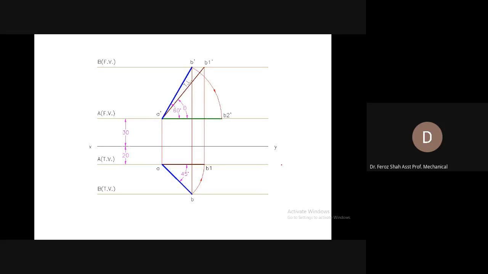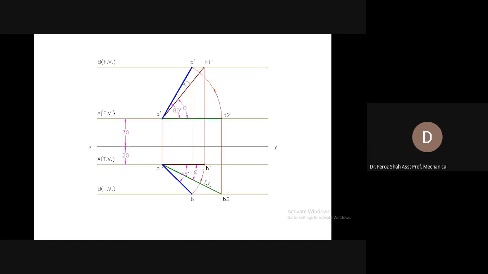Now project the top view from the front view. As one of its ends, the top view of end A has already been drawn. Now the top view of end B2 dash will be gotten through a perpendicular projector. Draw a perpendicular projector where it cuts the locus of B at this position.